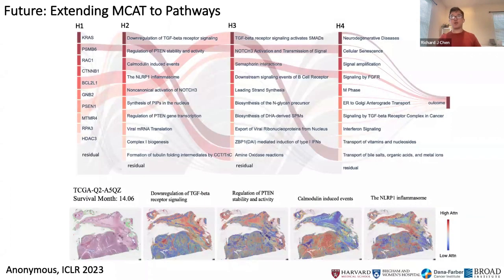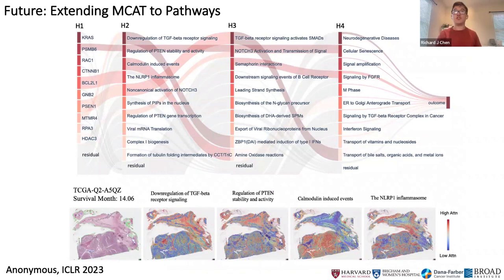There's actually one work already in ICLR 2023 that's doing exactly that, using hallmark pathways instead of gene families and then doing an MCAT-like strategy for correlating it with histology. From the works that I've seen use MCAT, it looks like it does pretty well, and I think the method is overall intuitive to use.